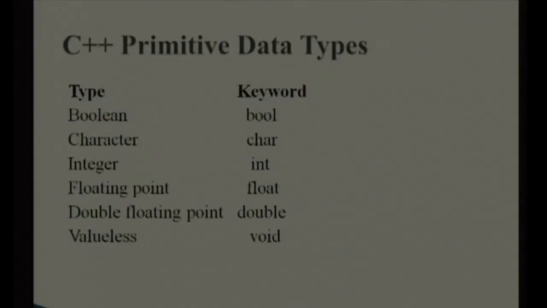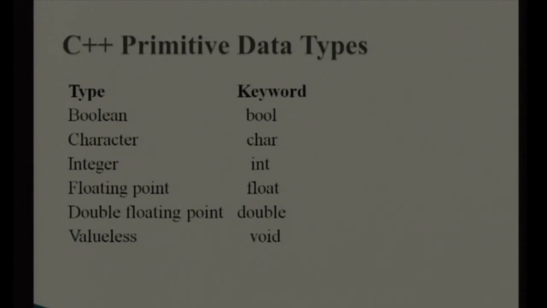Now, let us discuss the primitive data types, some basic data types which are available in C++. You can see the list on screen: Boolean, character, integer, floating point, double floating point, and one valueless, void.